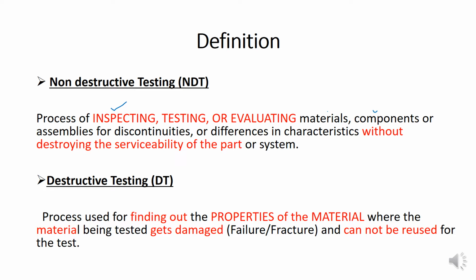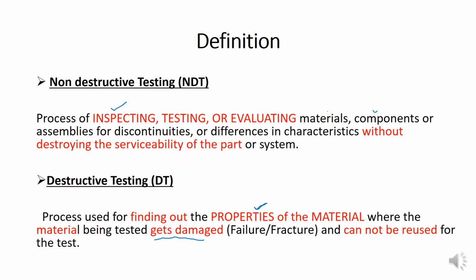Whereas the destructive test technique is a process for finding out properties of the material, where the material being tested gets damaged and cannot be reused for the test. Means you have a material, you make a particular type of sample from the material and you perform a destructive test in order to find out the properties of the material, and after that test you cannot use the same material to perform the test again.